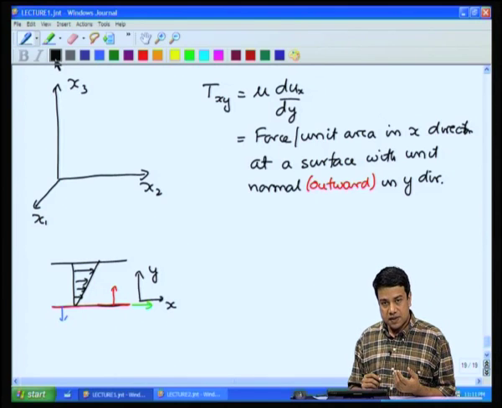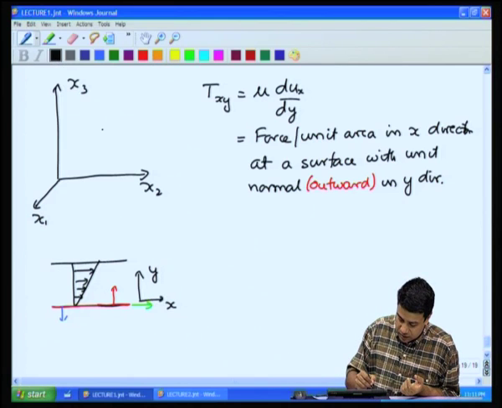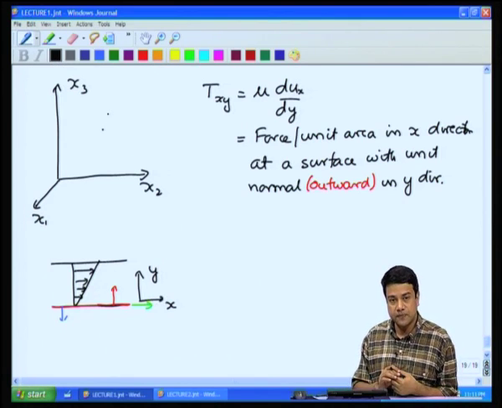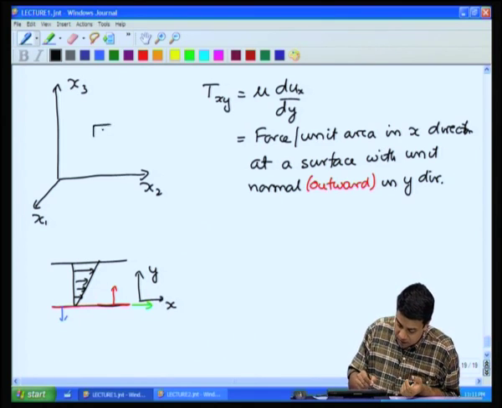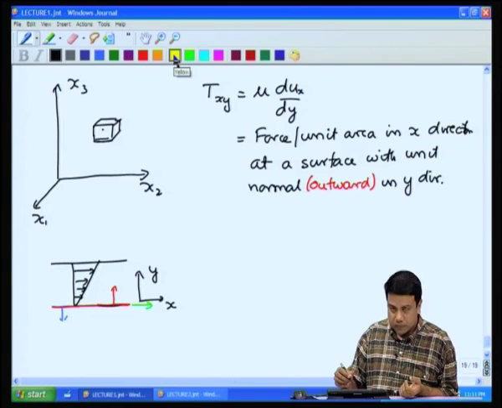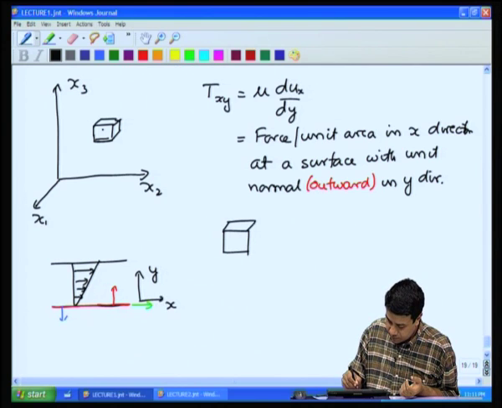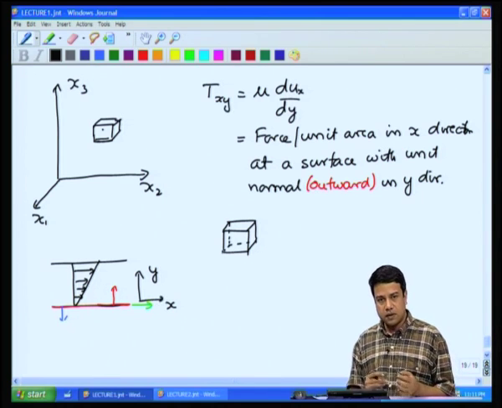So, this is one particular component of the stress. But if I am sitting at some particular location in the fluid, the stress is defined at that particular location. So, I can construct a small box around that location and expand out this box, this differential volume.